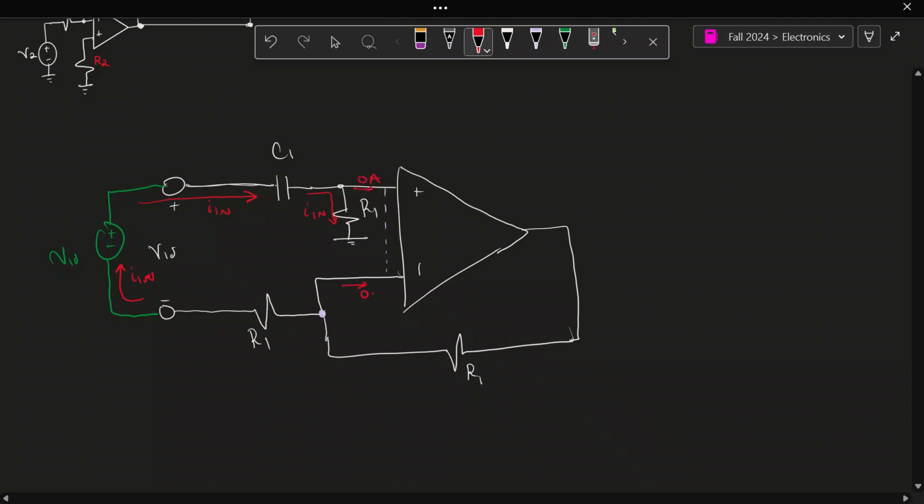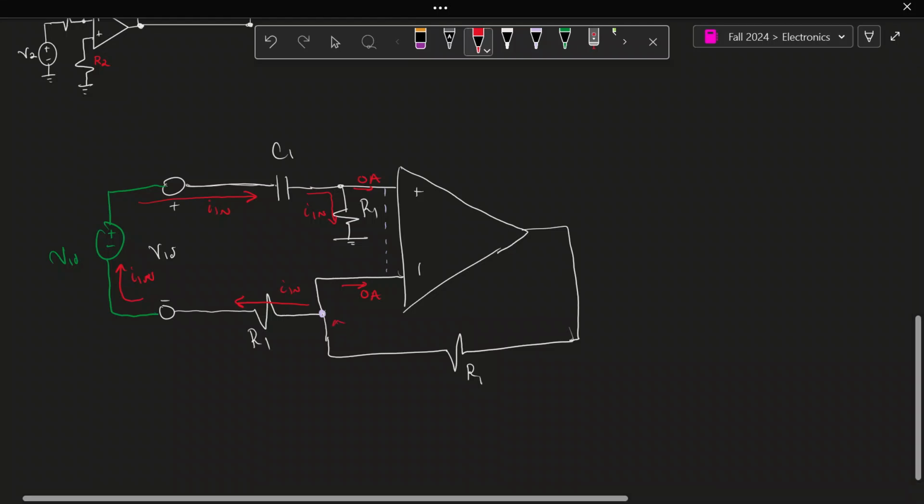This is also zero current. Well, this is the current through here, IN. What does that tell you? Well, look at this. All of the currents are the same. You'll notice this a lot for difference amplifiers.